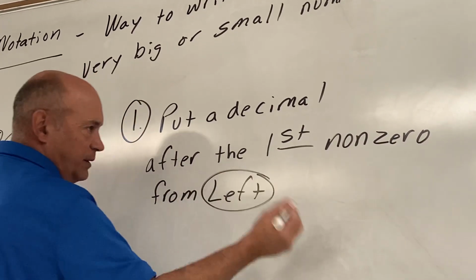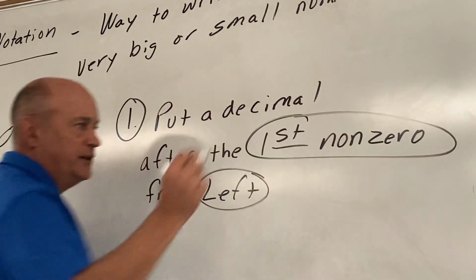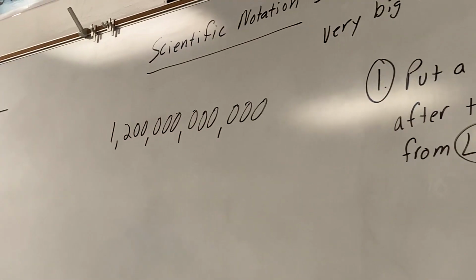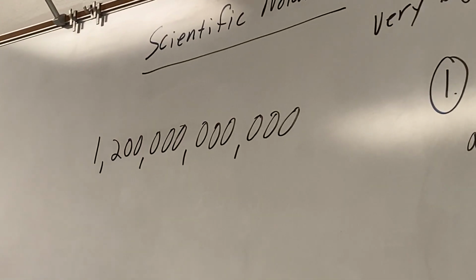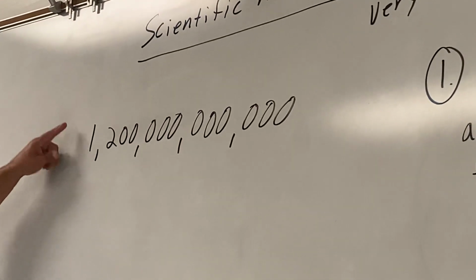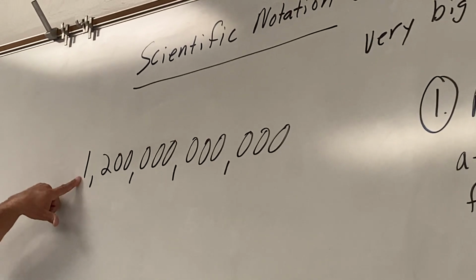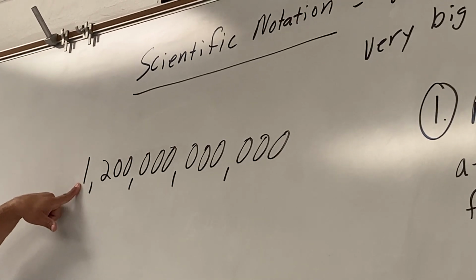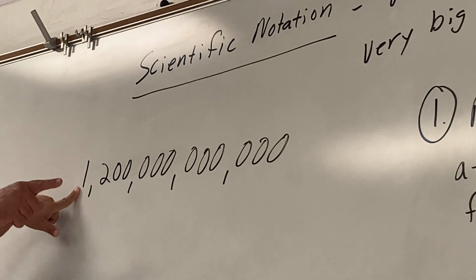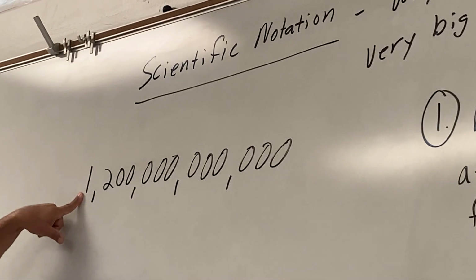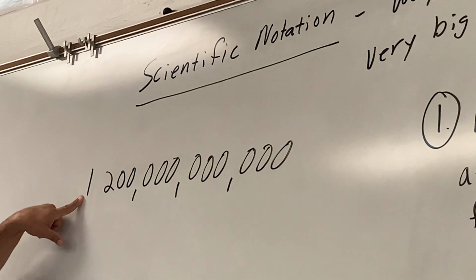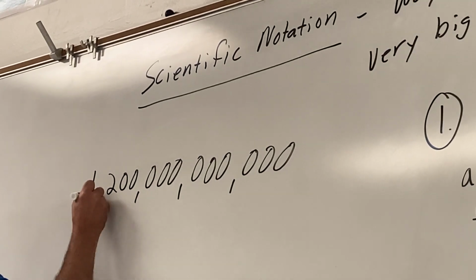Here are two key words: the first number that is not zero from the left. So let's all look at this. Start over here at the left. Is this number not a zero? Yes. That's the first number that's not zero from the left. According to that rule, we're going to put a decimal right after that. So I'm going to erase this, and we're going to put the decimal right here between the 1 and 2.